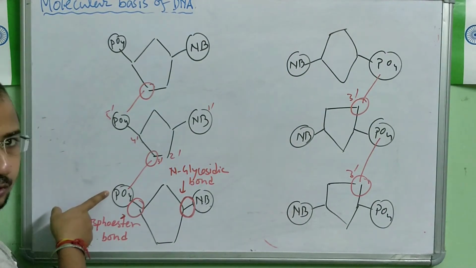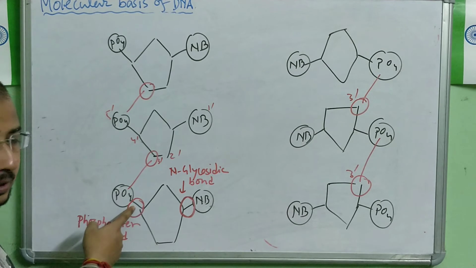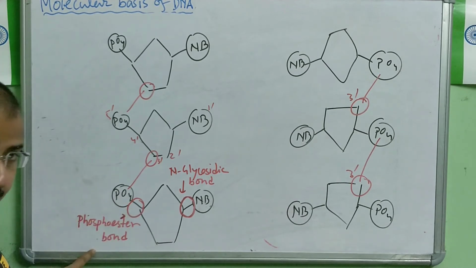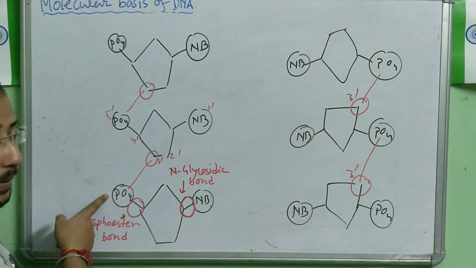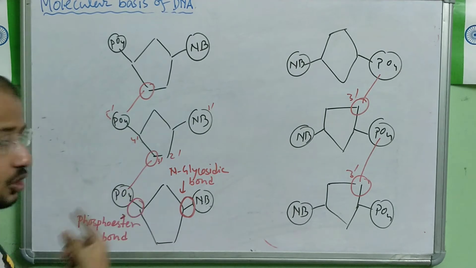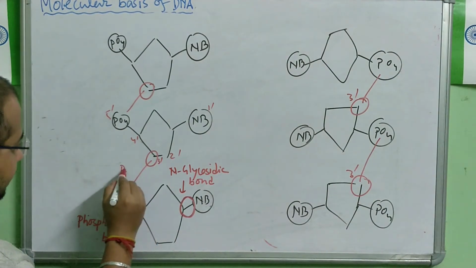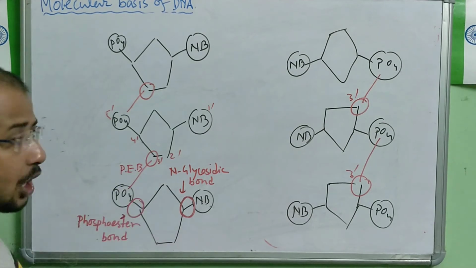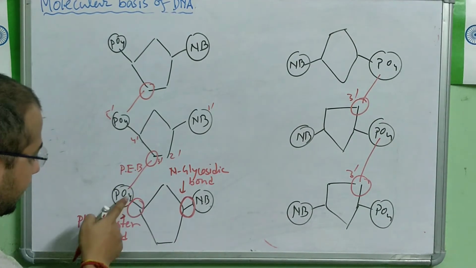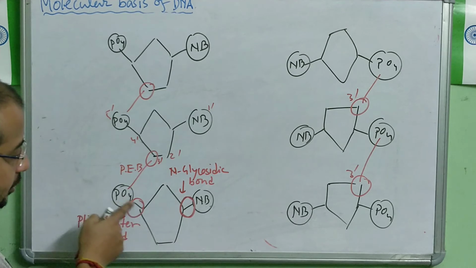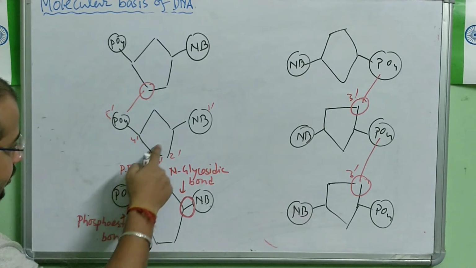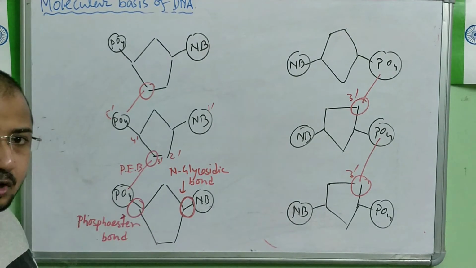So this phosphate group binds with this sugar by a phosphoester bond, and the same phosphate group binds with this sugar, also by another phosphoester bond. So how many phosphoester bonds do we have here? One is between these two, another is between these two. So 2 phosphoester bonds.